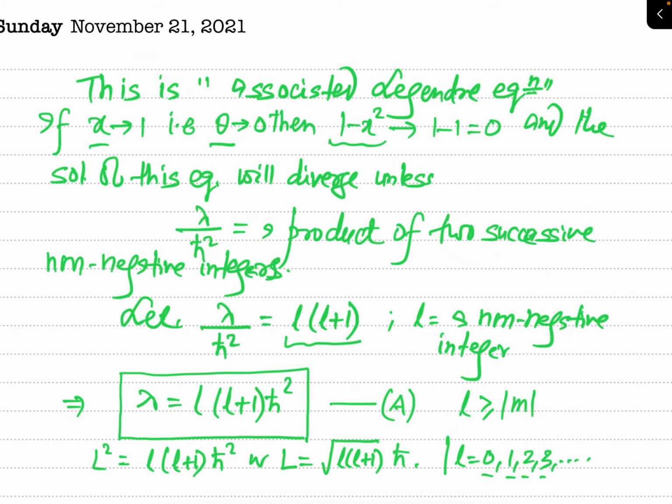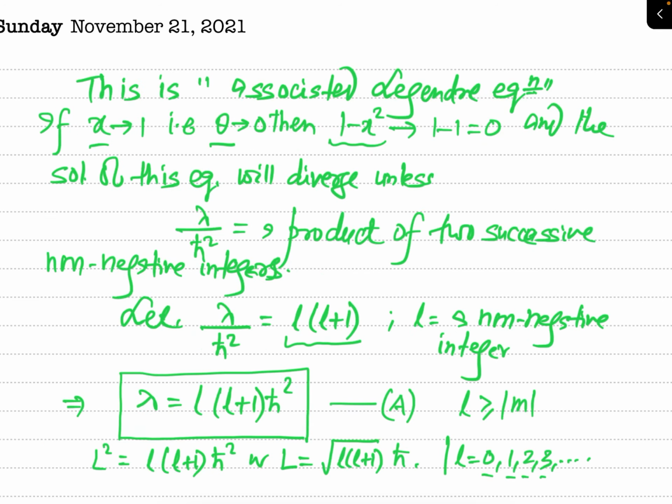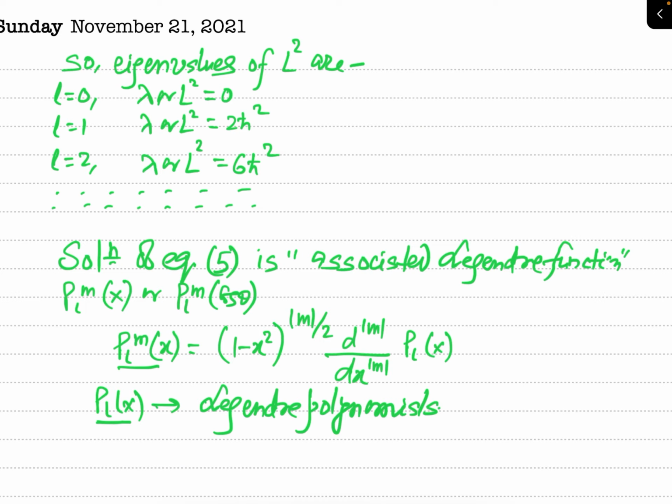Now, as I have told you, equation 5 is simply the associated Legendre equation, and so its solution will be the associated Legendre function. So we will write the solution of this equation by multiplying the associated Legendre function by an appropriate normalization factor.